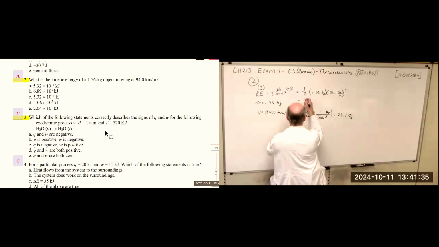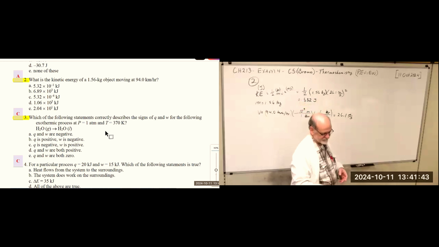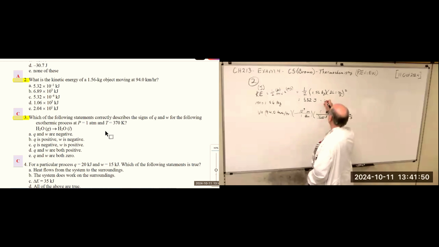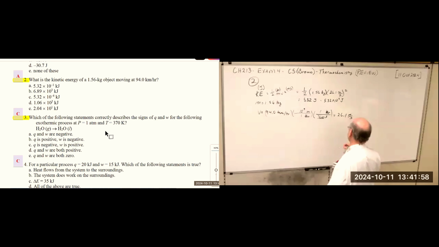So I get, rounded off to 3 significant figures, 532 joules. Oh, it's in scientific notation, 5.32 times 10 to the 2 joules. It's in kilojoules. Okay.